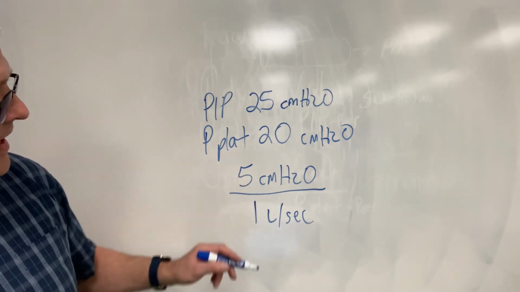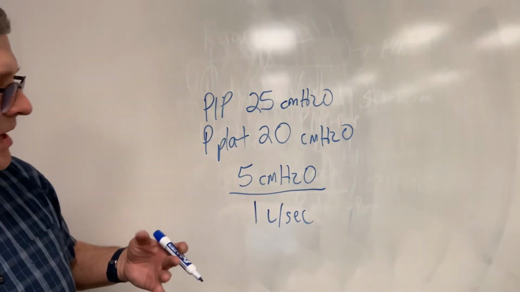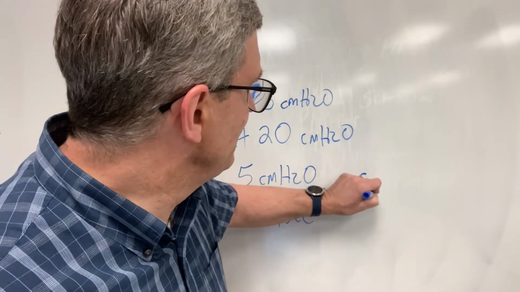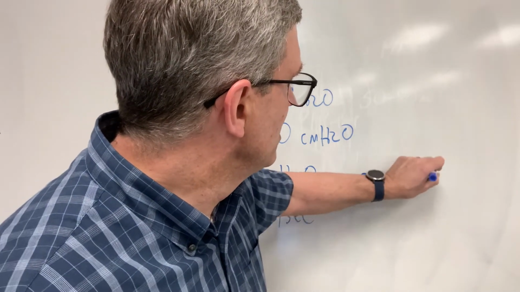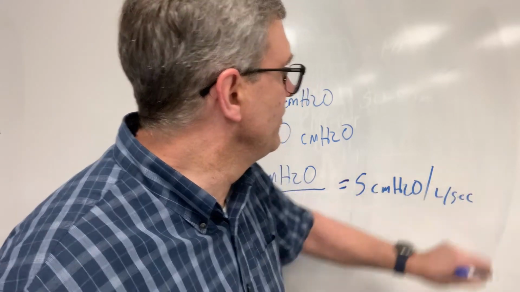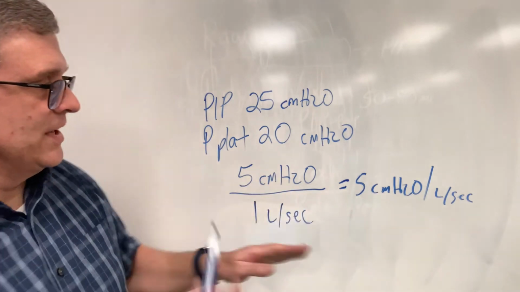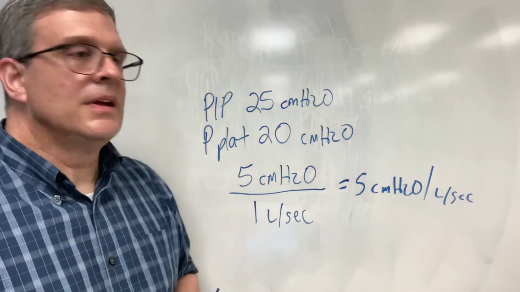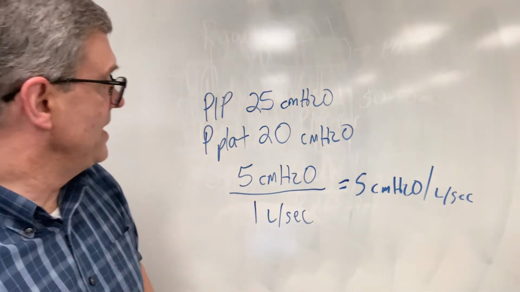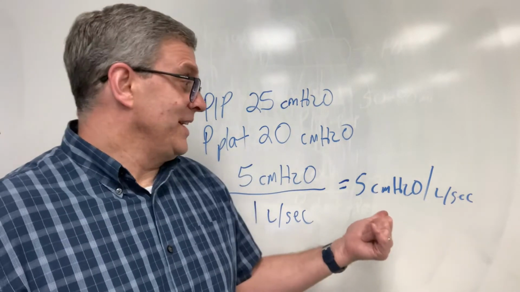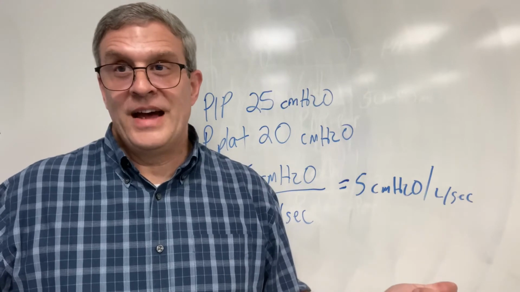There's no units that cancel, so you're just going to carry them through. 5 divided by 1 is 5, and that's 5 centimeters of water per liter per second of flow. In other words, for every unit of flow, that's how much pressure difference is generated. All right. Now, again, in order to interpret whether that's good or bad, we need to know what the normal value is.